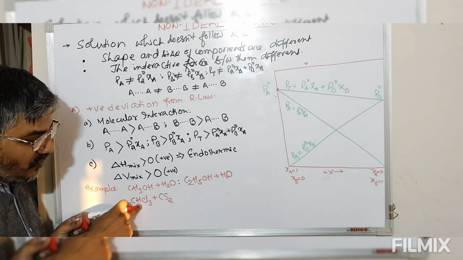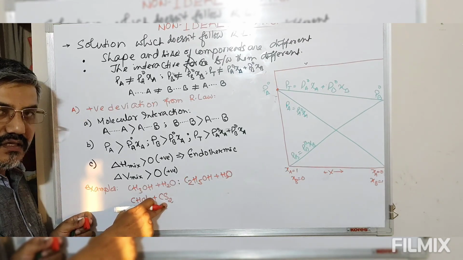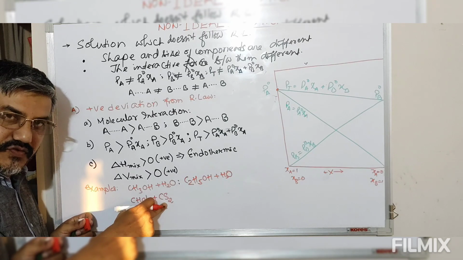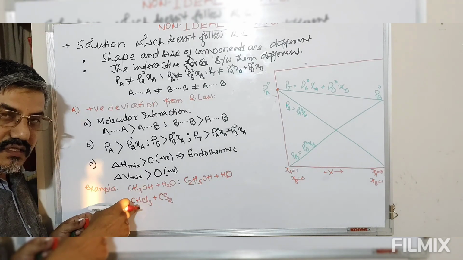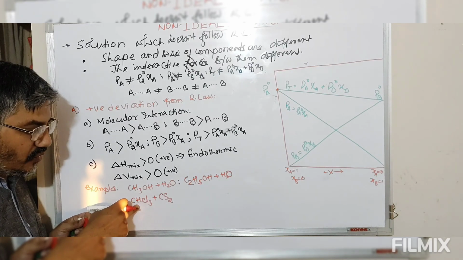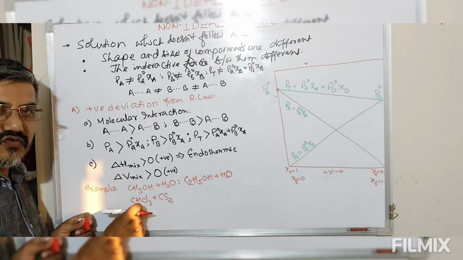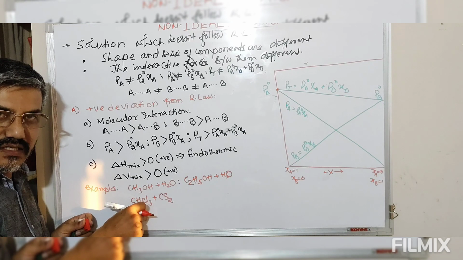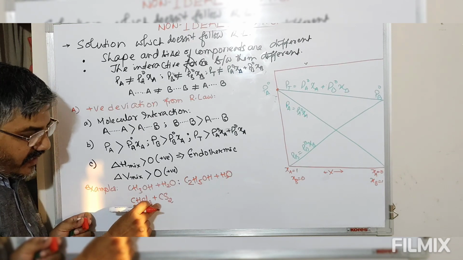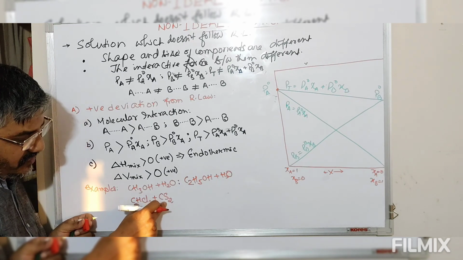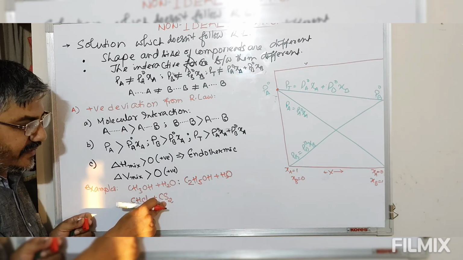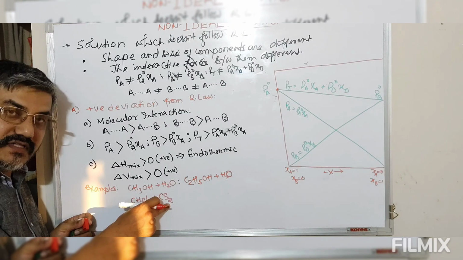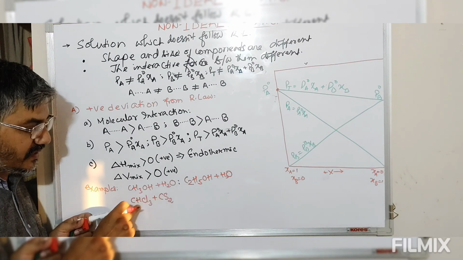So dipole dipole interaction is stronger than London dispersion force. So on addition of carbon disulfide to this chloroform, now the stronger dipole dipole force is to be broken. So the interactive force between chloroform and carbon disulfide, that is dipole van der Waals type. So this is weaker than dipole dipole.